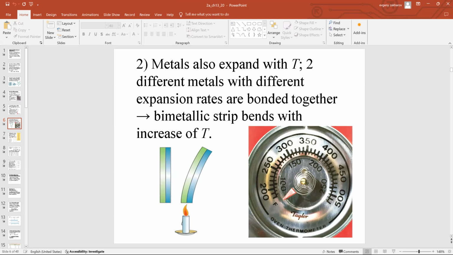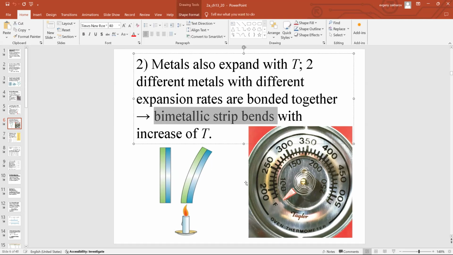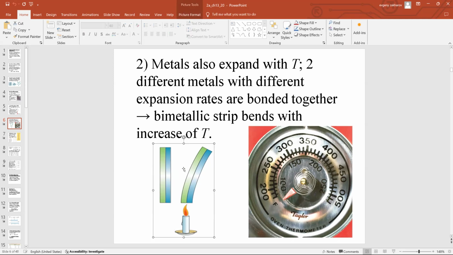And how do we have that transformation in terms of what's inside? Well, it is the bending of a bimetallic strip that we have inside. You heat up the strip and see how two metals are sitting side by side, and they have different properties in terms of temperature change.